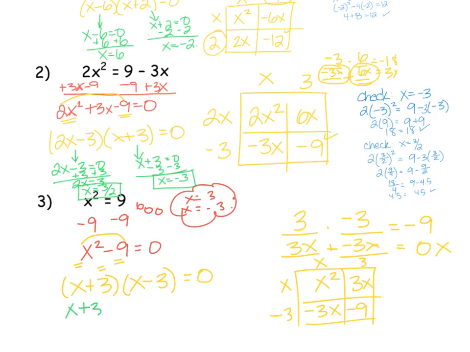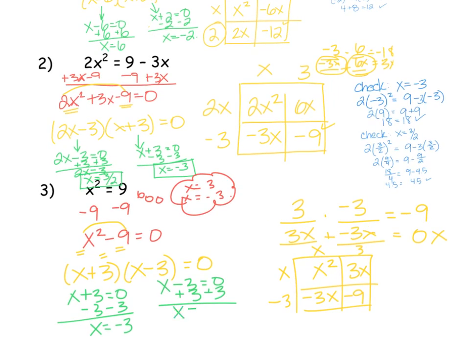If x plus 3 equals 0, subtracting 3 from both sides, I get x is negative 3, and if x minus 3 equals 0, then adding 3 to each side, I get x equals positive 3, which is exactly what we got when we took the square root of both sides.